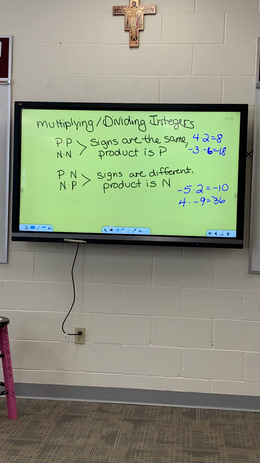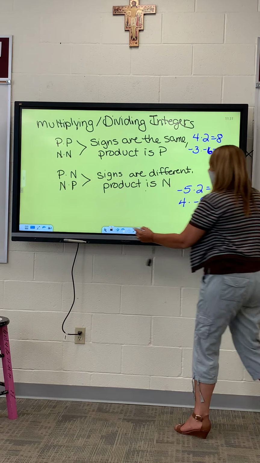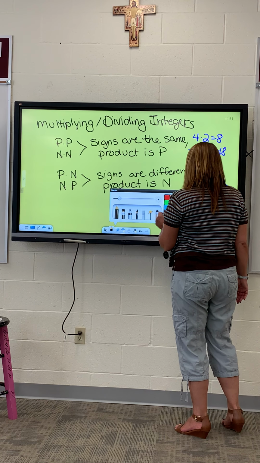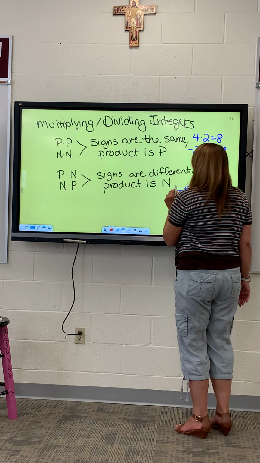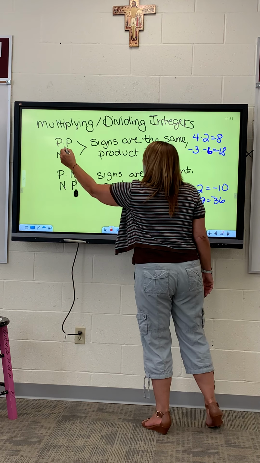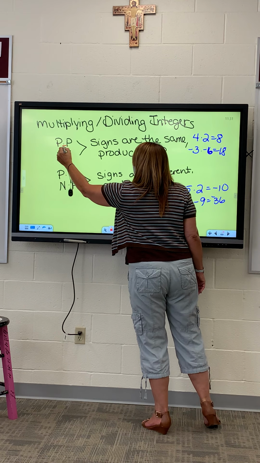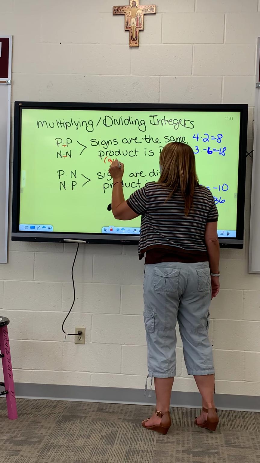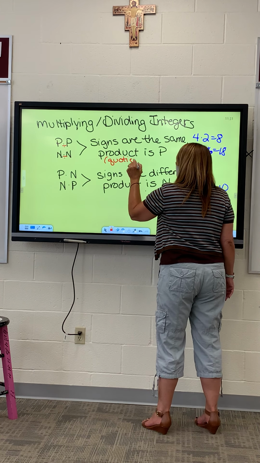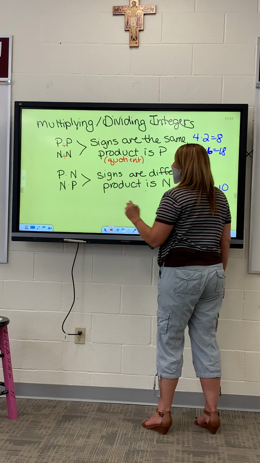So now with dividing, I'm just gonna go through and show you what color do I want. I want a bright one. So if this was dividing, that still holds true.